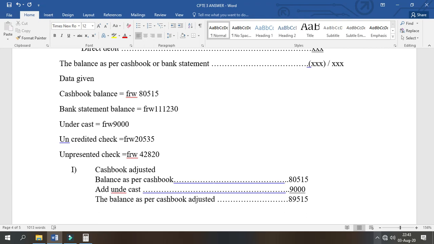Then we are going to make the bank reconciliation statement.